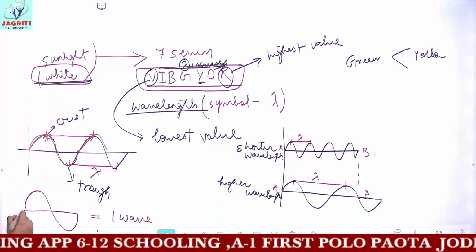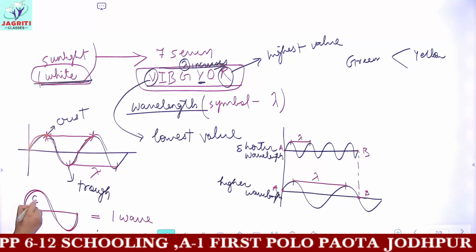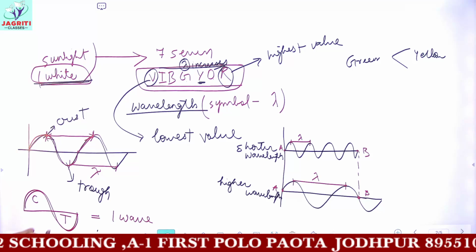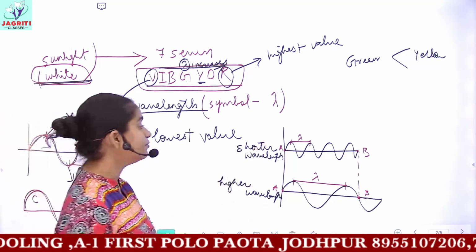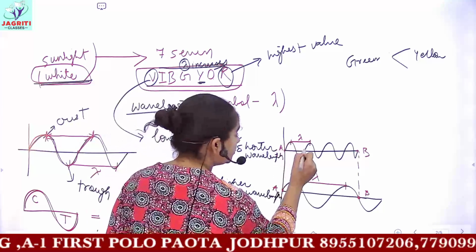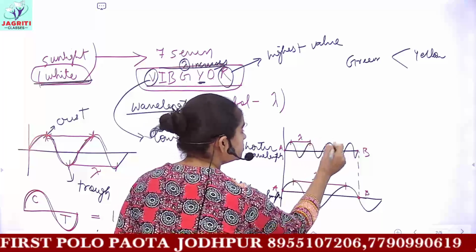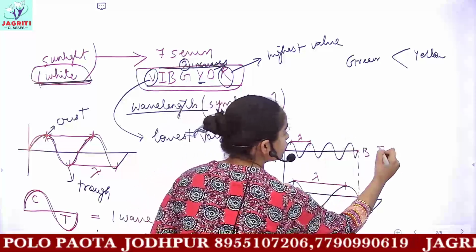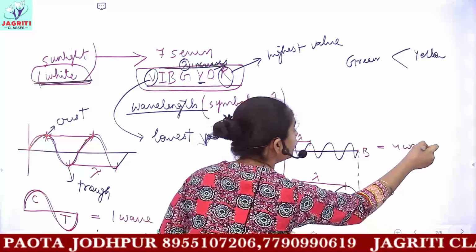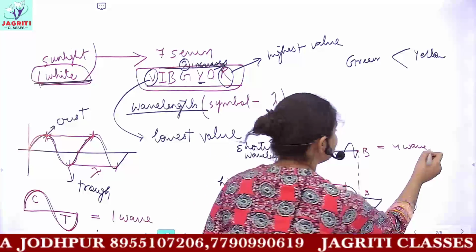I told you one crest and one trough, this is crest, this is trough, make one wave. So if I count, this would be 1, then 2, 3 and 4. So here I have 4 waves between the points A and B.